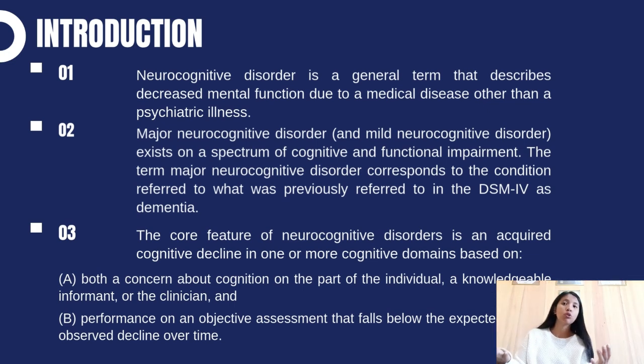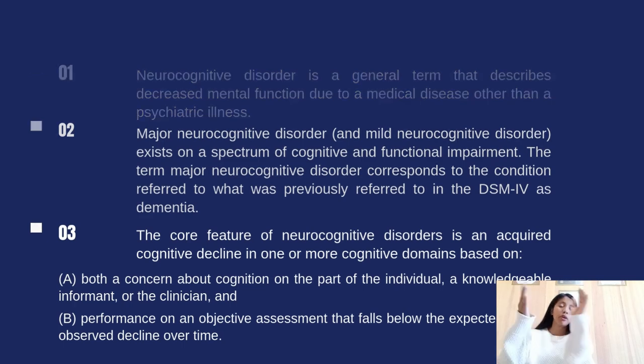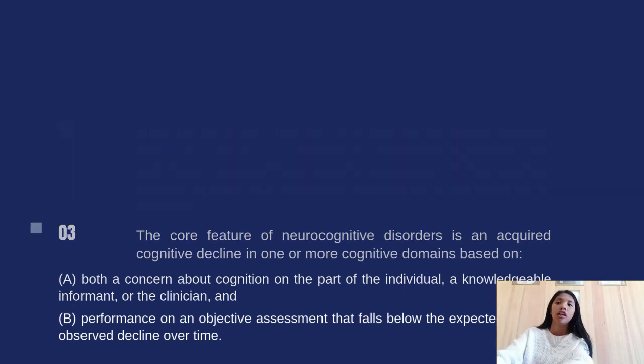The term major neurocognitive disorder corresponds to the condition that is referred to in the DSM-4 as dementia. The core feature of neurocognitive disorders is an acquired cognitive decline in one or more cognitive domains, which are based on the following that you can see in front.